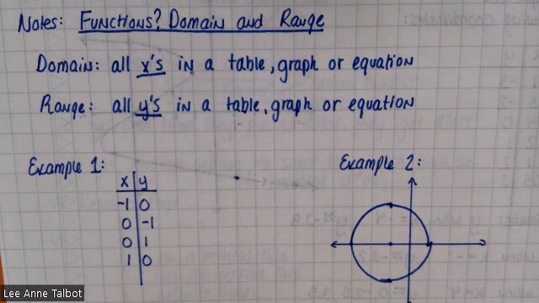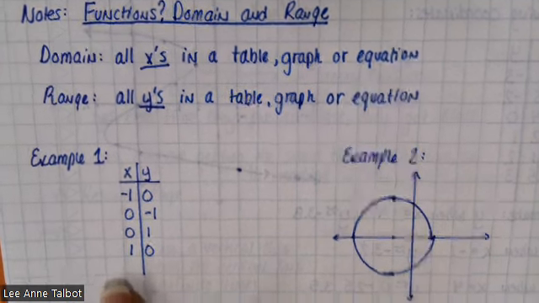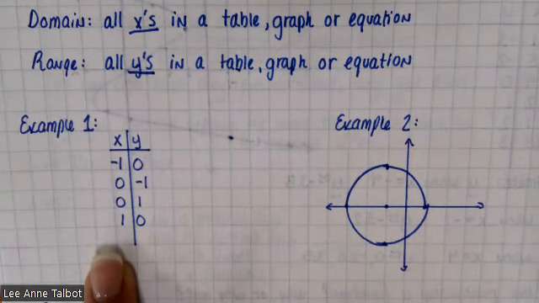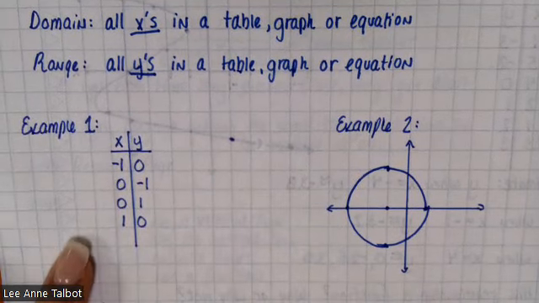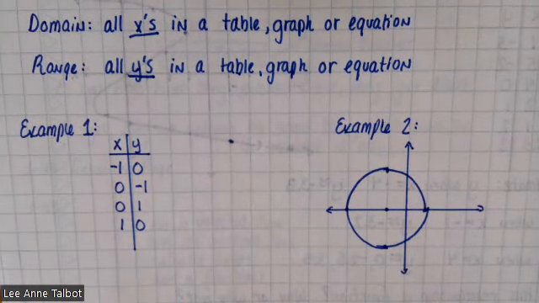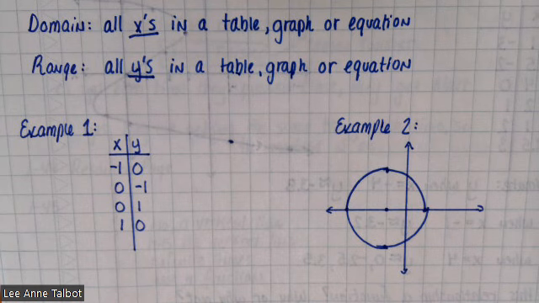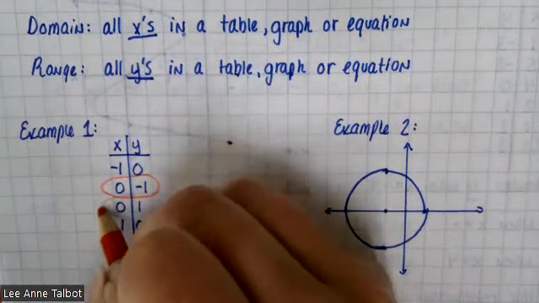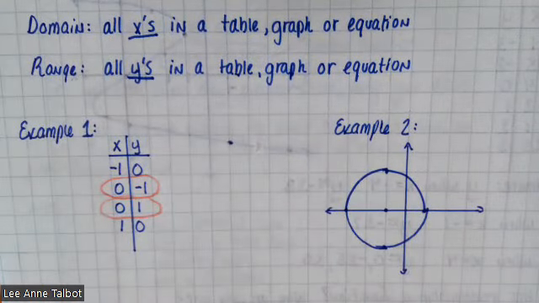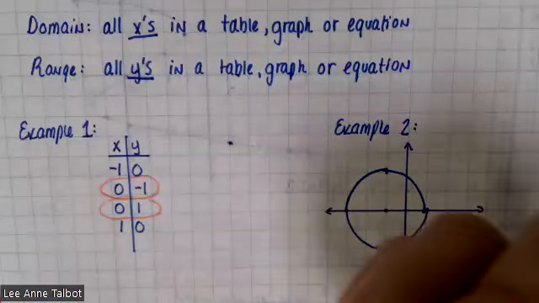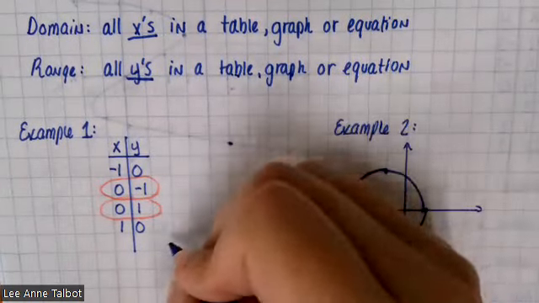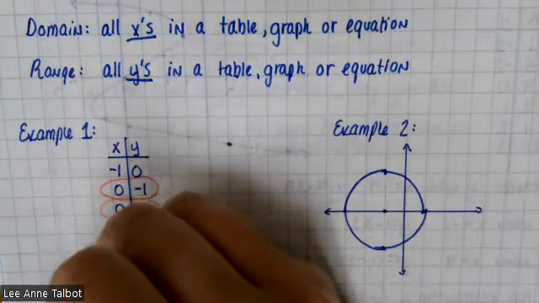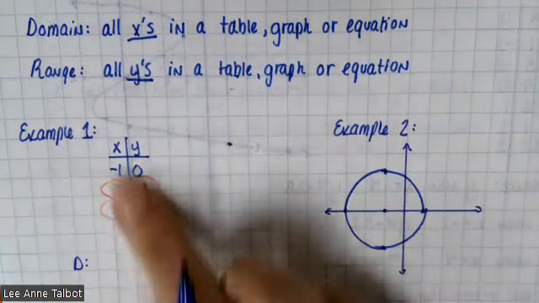Okay, now for example 1, this one is a table. First, let me ask you, is this a function? No. It is not a function. If you notice, 0 has 2 different outputs. Okay, however, that's not really what we're answering here. We're answering what the domain is. The domain is all of the x's.